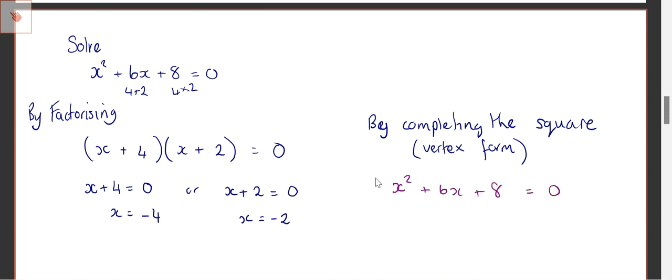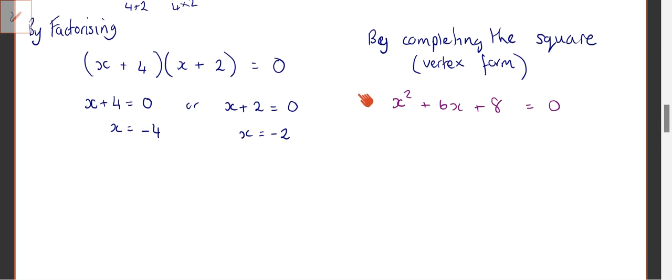What do we do as the first step in vertex form? So what do we end up with? A set of brackets, and it's x plus 3 squared. Okay? Good.